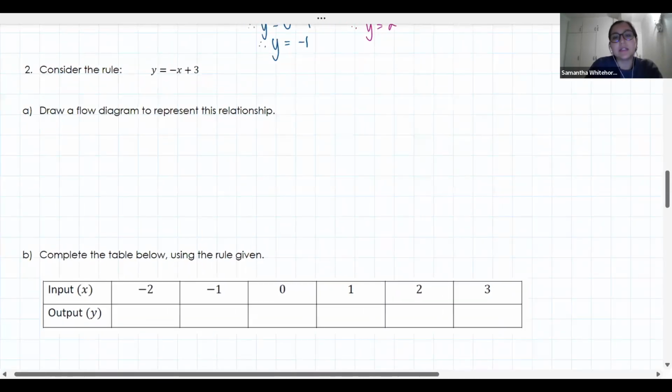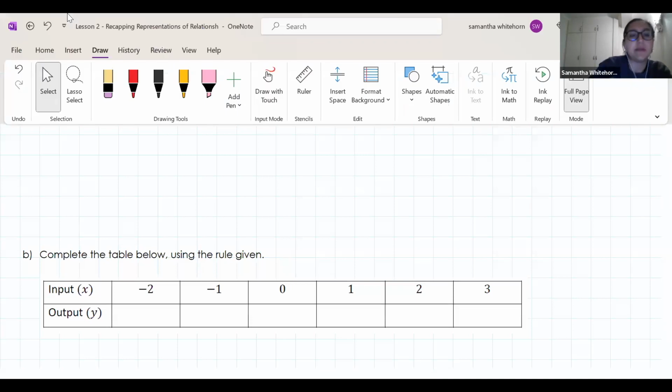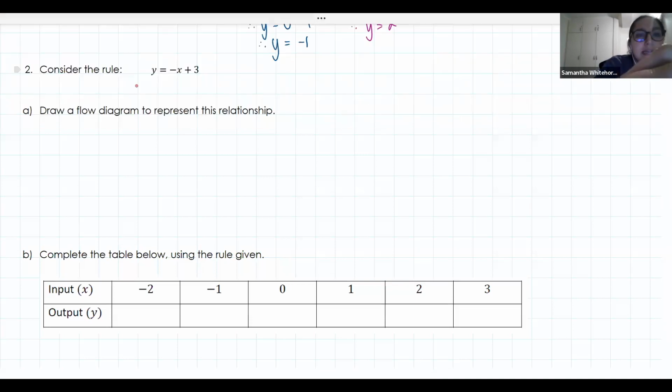If we have a look at the second one, we've got y is equal to minus x plus 3. What I want you to remember here is that in front of any variable, you've got a coefficient of 1. Sometimes it's an actual number, but if there's no number written in front of your variable, there is a 1. In this case, because there's also a negative sign, the coefficient of my x variable is negative 1.